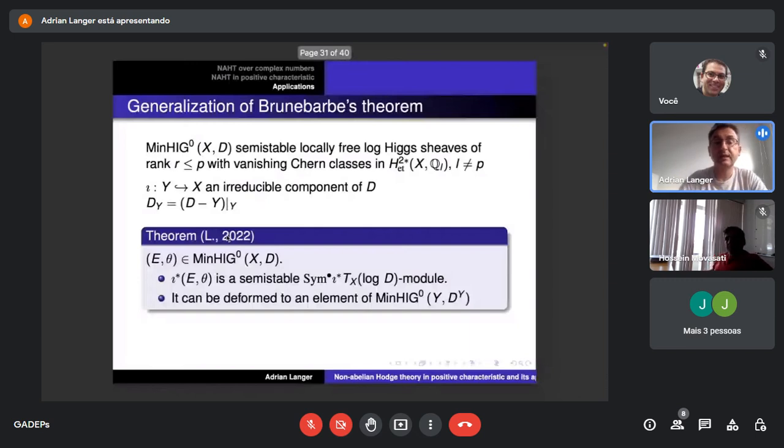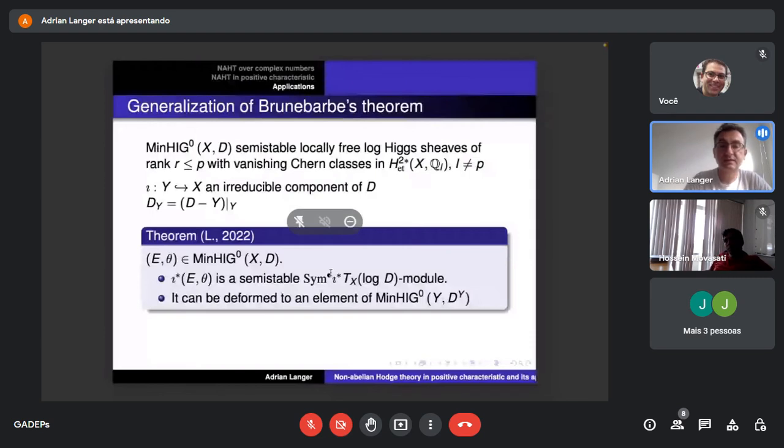It's rather a module over the symmetric algebra of the restriction of the logarithmic tangent bundle to your component Y. Let me recall that saying that (E, θ) is a Higgs sheaf could be reformulated by saying that this is a module over the symmetric algebra of this logarithmic tangent bundle. But now if we restrict, then this is a semi-stable module over the symmetric algebra of the restriction.